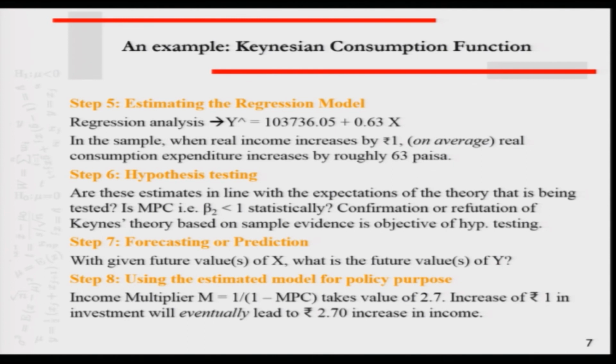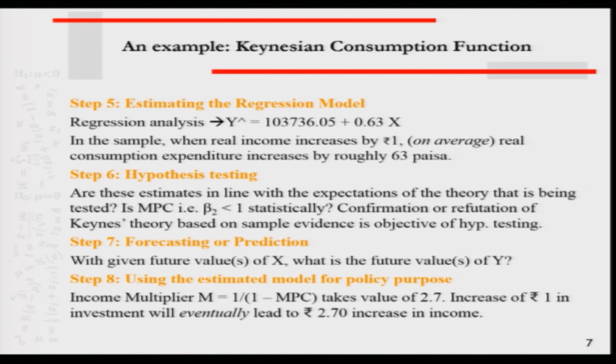The question from a policy maker or researcher is of this sort: given future values of X, what are the future values of Y? In layman's language: if there is economic growth, if the country's GDP is increasing, how is the country's consumption expenditure increasing with time?